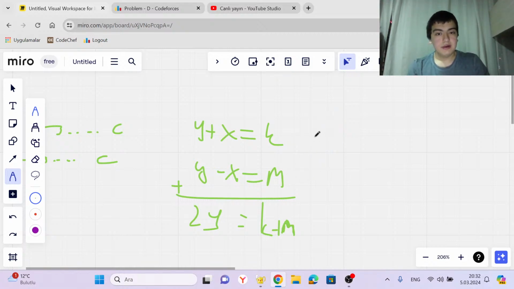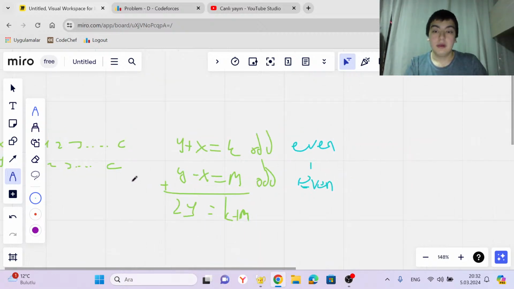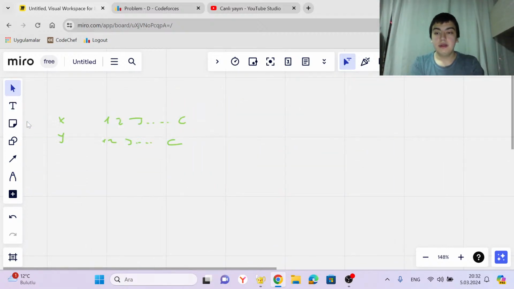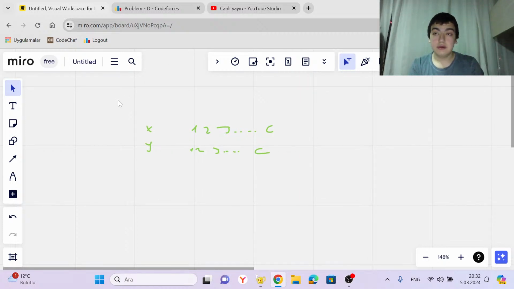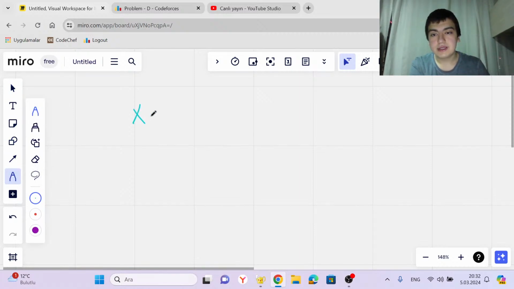So we can observe that if k is odd, then m is also odd. If k is even, m is also even. After this observation, in order to choose x and y values, we can choose x plus y and y minus x values.